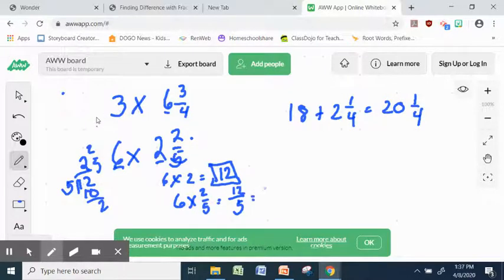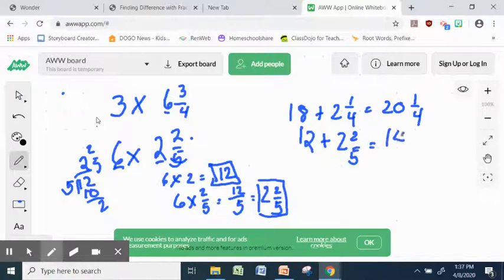So 2 and 2/5. So now I'm ready to add the two of them. So 12 plus 2 and 2/5 is 14 and 2/5 is my answer. So 6 times 2 and 2/5 is 14 and 2/5.